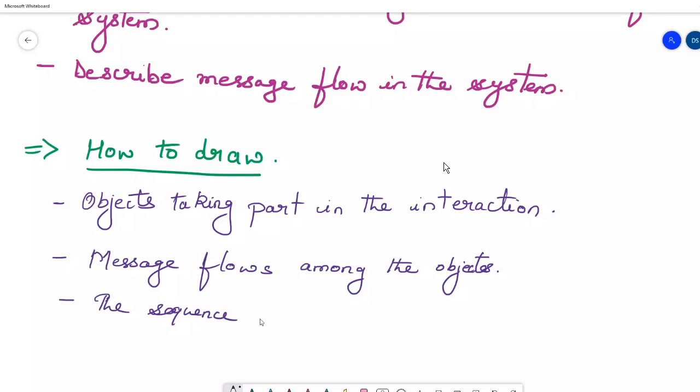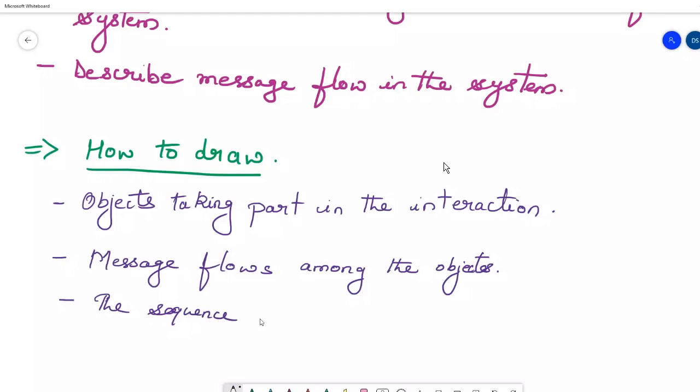I'll be defining these symbols shortly. Let's take an example: we have two actors, a teacher and a student. Now we have to see how the interaction between these two objects can take place. What would be the sequence? Objects taking part in the interaction, message flow among the objects, and the sequence in which the message flow takes place.